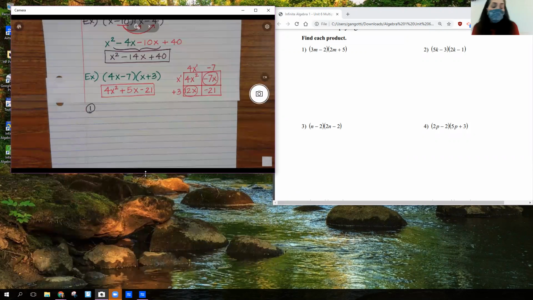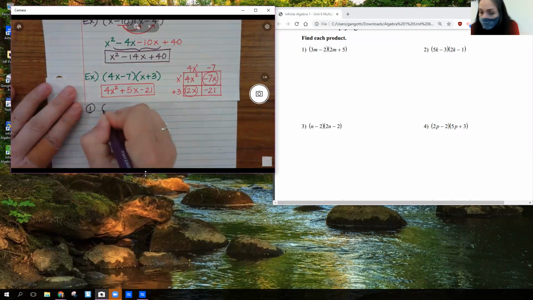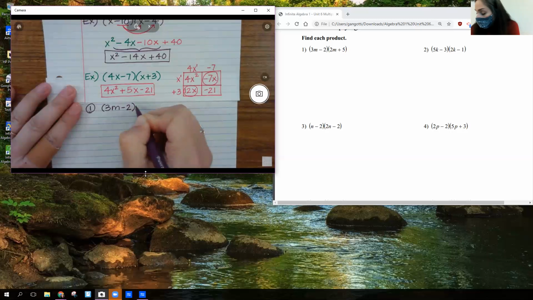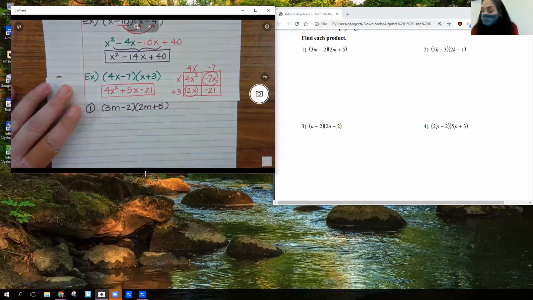Okay, so for number 1, you have 3m minus 2 times 2m plus 5. Okay, so for this one, I think I'll do the box method again.